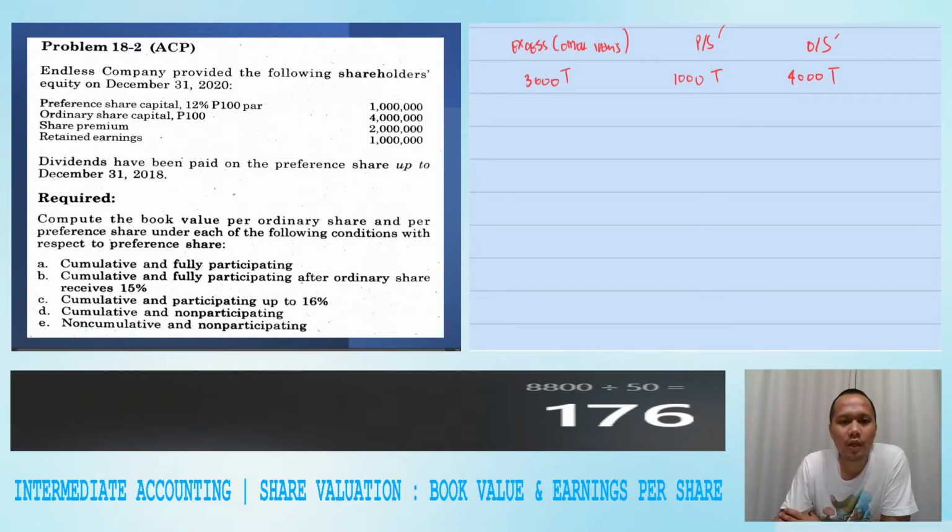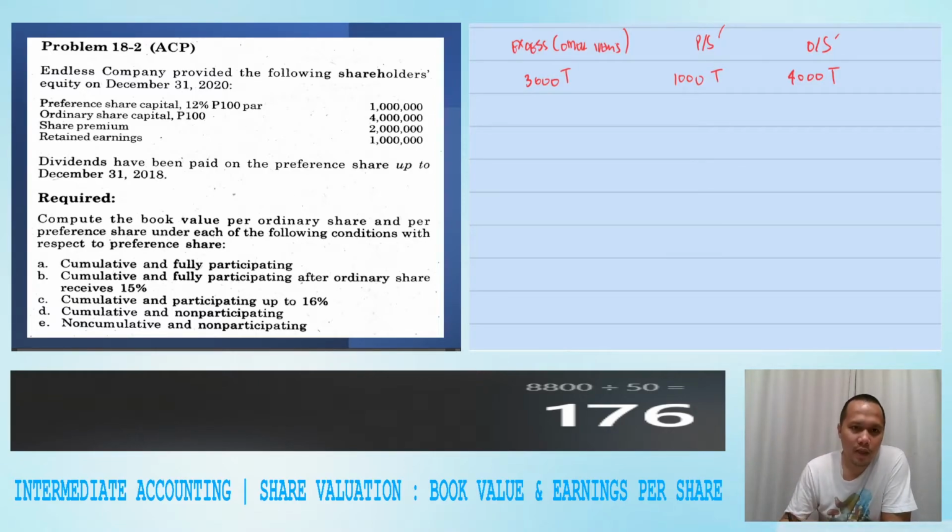Which in this particular case, as stated, December 31, 2018 yung last payment. And we are now on December 31, 2020. Di ba? So the point is, there are 2019 and 2020, 2 years in arrears.